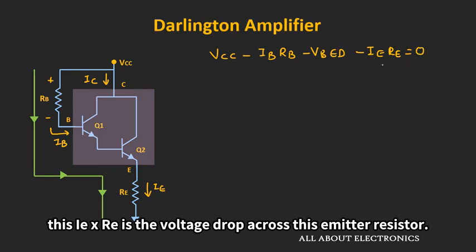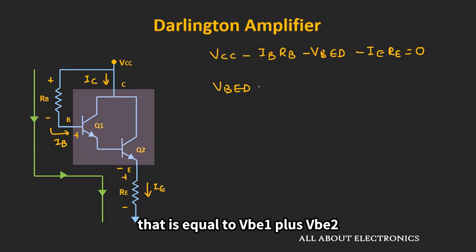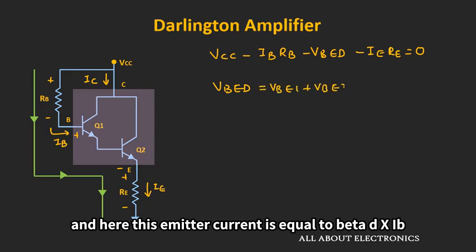IE times RE is the voltage drop across this emitter resistor. Here VBED is equal to VBE1 plus VBE2.